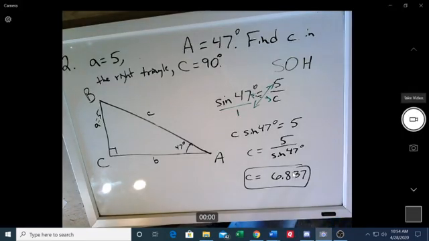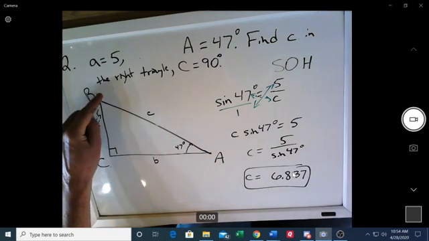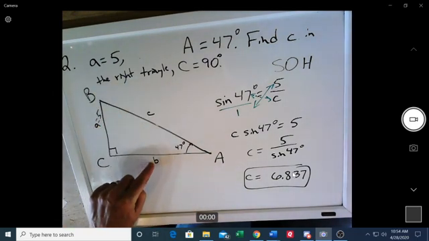Okay, so this kind of problem becomes one of the very common problems in a trigonometry class, which is called solving a triangle. And solving a triangle means finding all the 6 parts of a triangle. There's 3 angles and there's 3 sides.